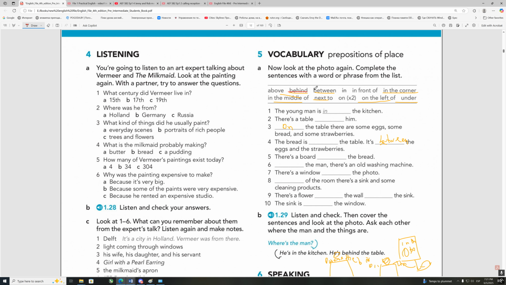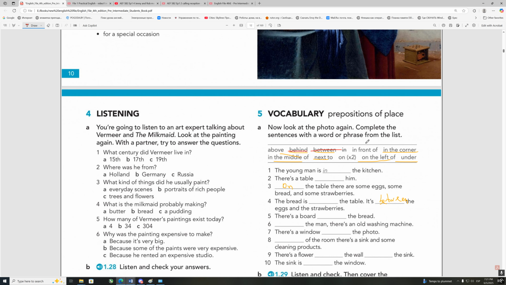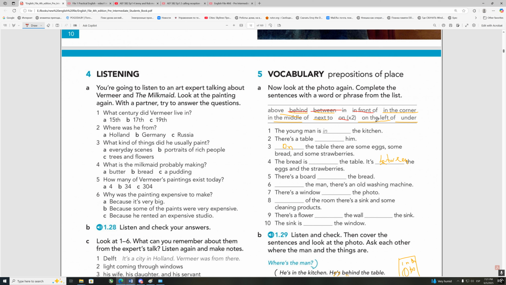Behind is used. Between is used. Maybe in front of is used. Don't use in front of. What other prepositions? On is used here. But you can use on the second time. Okay, you can choose on the left of, under, in the corner, next to, in the middle of.